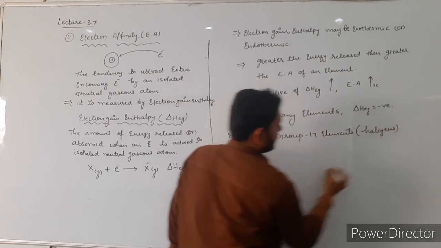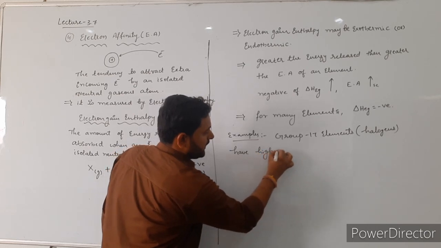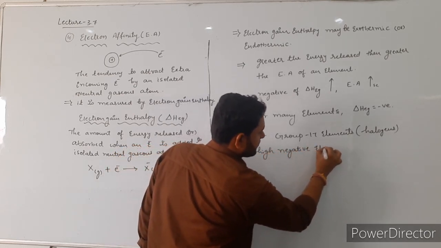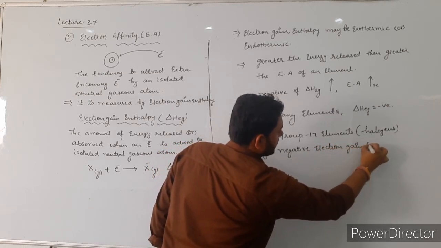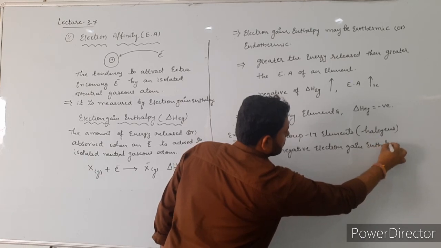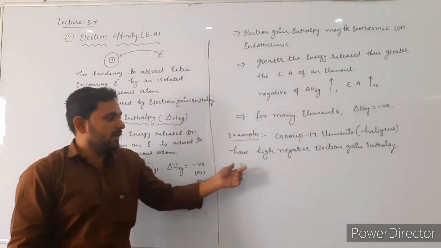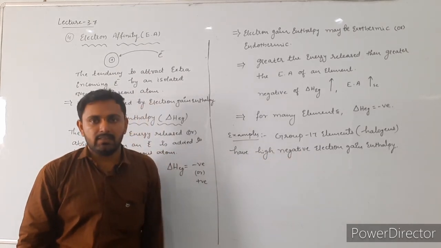Halogens have high negative electron gain enthalpy. Group 17 or halogen elements have high negative electron gain enthalpy.